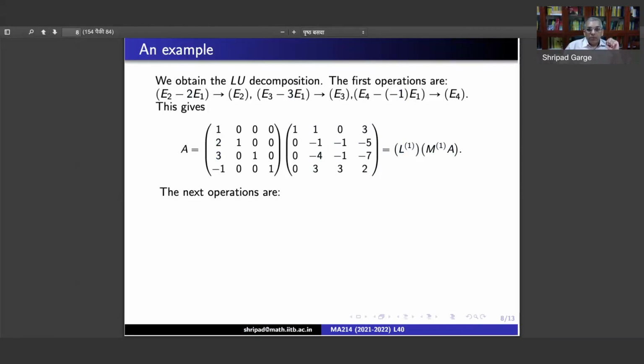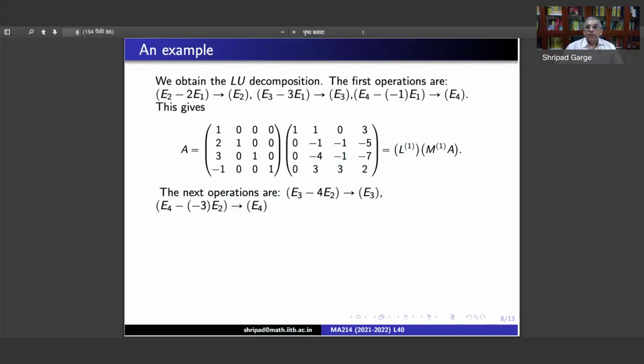Okay, so for the next operations, now we will look at this -1, -1, 5, -4, -1, 7, and 3, 3, 2. So E3 minus 4 times E2, that's the first operation, and E4 plus 3 times E2, or E4 minus of -3 times E2.